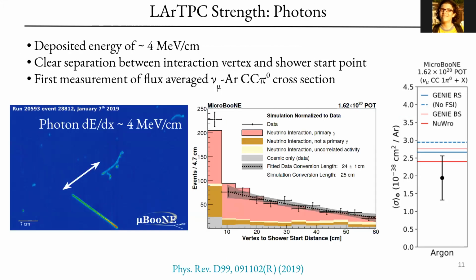And when it comes to the photons in our detector, they deposit an energy of about 4 MeV per centimeter, and there is a clear separation between the interaction vertex and the shower start point, and this is exactly what you can see in the event display included here on the left. This ability to identify photons in our detector is the one that led us to the first measurement of flux-averaged cross-sections on argon with topologies that include neutral pions in the final state.